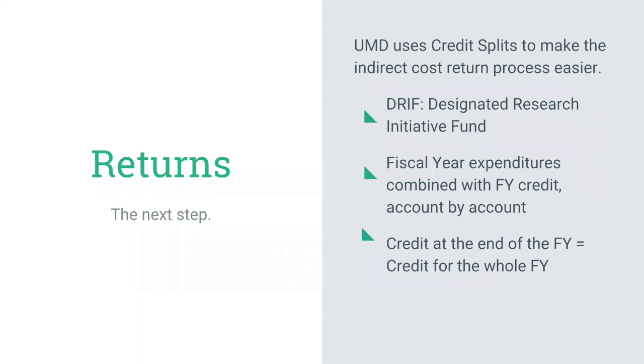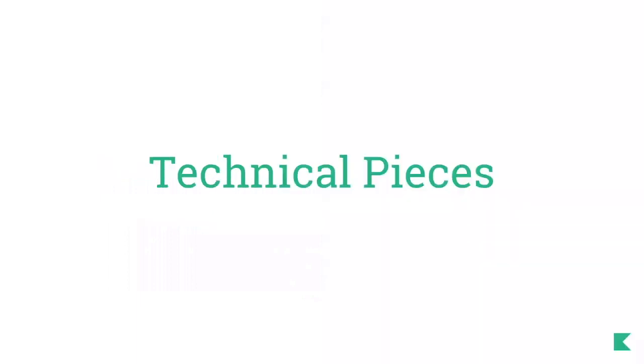We said whatever it is on June 30 would be the credit that we would apply for the entire fiscal year. That ended up saving us a lot of headaches, so that we didn't have to say, oh, well, you had 50% credit for 20% of the days, and that was just going to be too much.